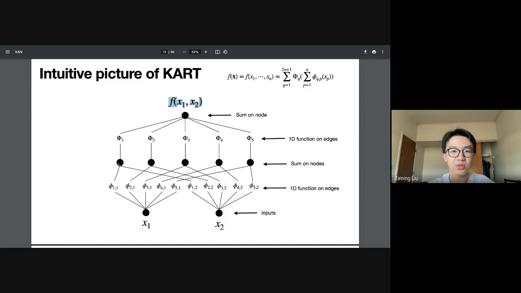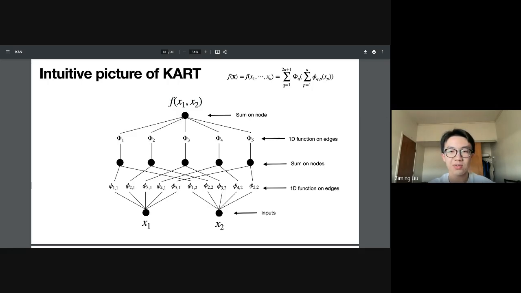Now each hidden neuron takes in some nonlinear transformation phi11 of x1 plus phi12 of x2. And the same thing also applies to other neurons. And then to get the output, you apply this nonlinear transformation, capital phi I, to the hidden activations, and then sum everything up. And so that's how you get the output.